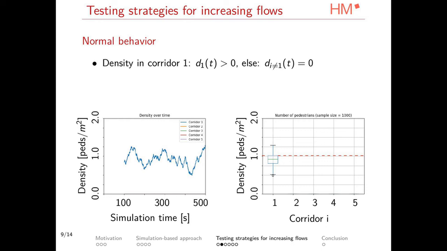You see that the maximum value is around 1.25. The 75th quantile is above 1, and this is only true for corridor 1 because for the other corridors the density values are 0. So there is only a density in corridor 1 above 0.